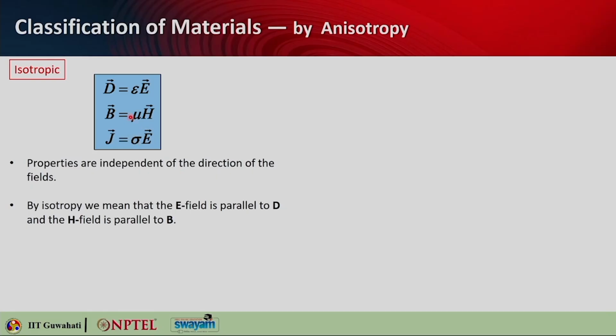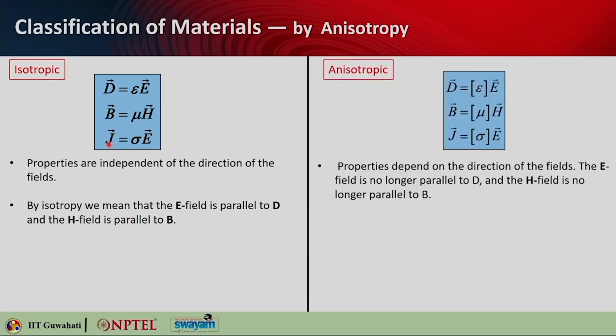And here you can simply mean that because they do not have any direction, the E field and D field are parallel, H and B will be parallel, and E and J will also be parallel. So that is the isotropic case.